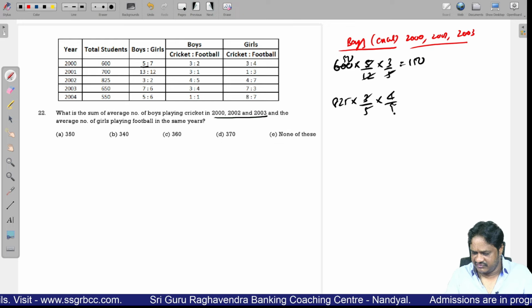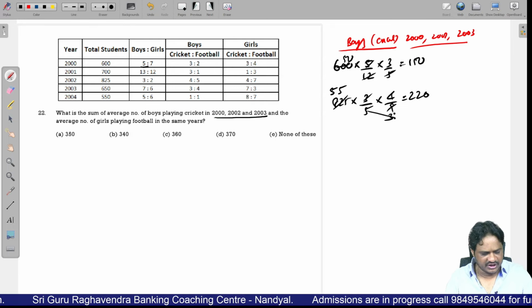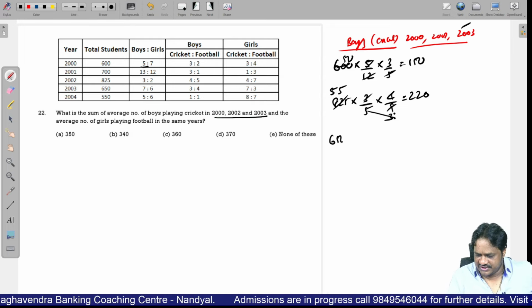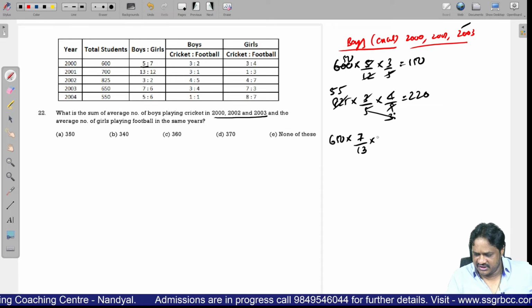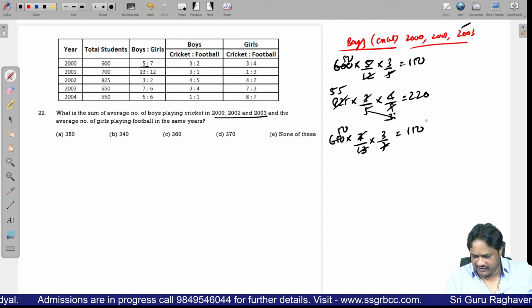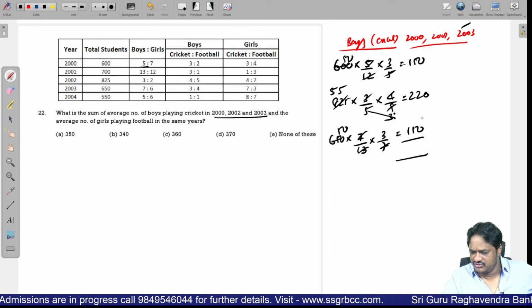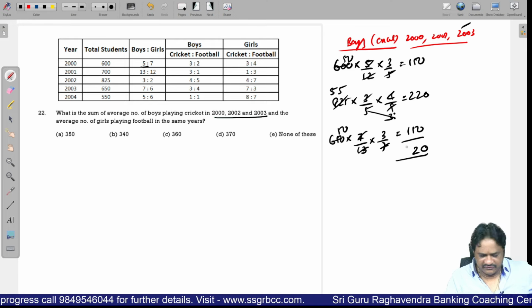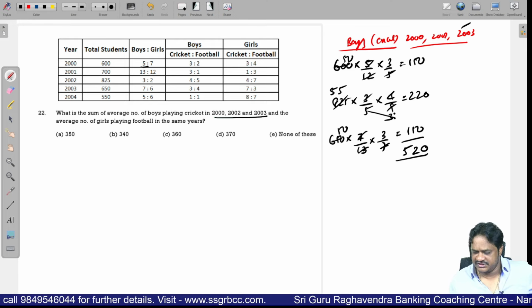See here, 3 ones, 3 threes, 5 into 3 15, 15 fives, we will get 220. Now 2003, total students are 650. In this boys will be 7 by 13. In this cricket will be 3 by 7. 7 cancel. It is again 150. So total value we are going to get 520. This is about boys.